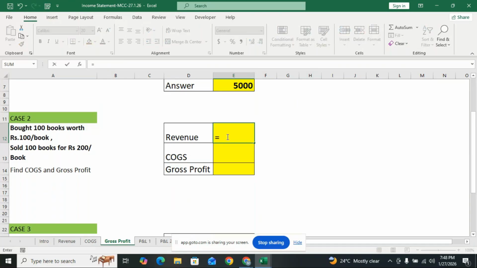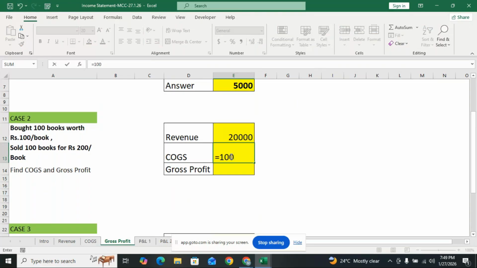Yes. So revenue is 100 books sold, priced at 200 per book, so it is 20,000. Your COGS: out of 100 books purchased, how many books were sold? All 100 books.